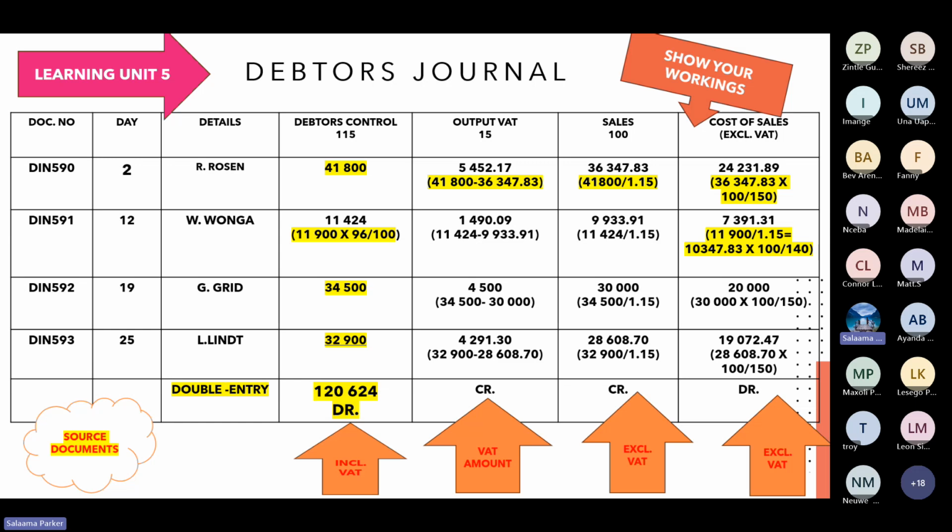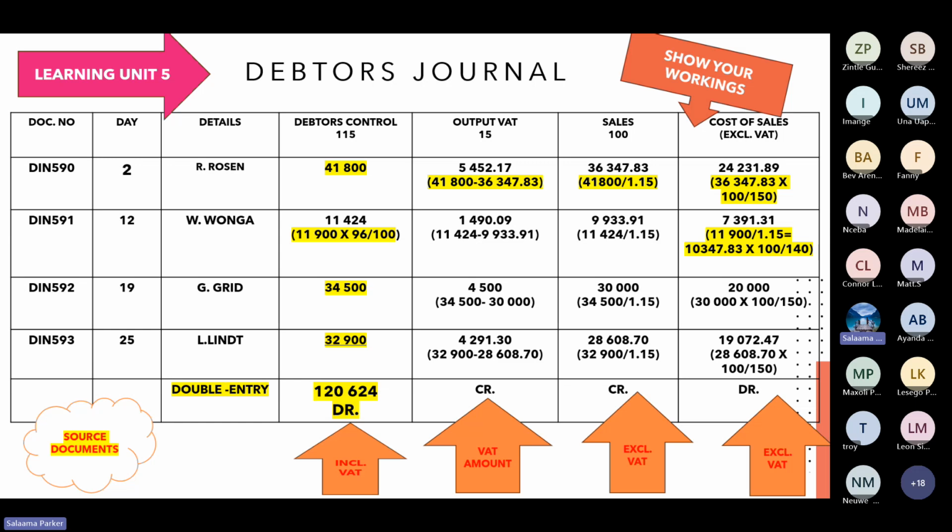And then not forgetting they wanted us to total up this amount. So it means that we needed to add up the amounts in the debtors control, because this is the amount we're now going to post to the general ledger. And you know this double entry: debit debtors control, credit sales, credit output VAT, debit cost of sales.